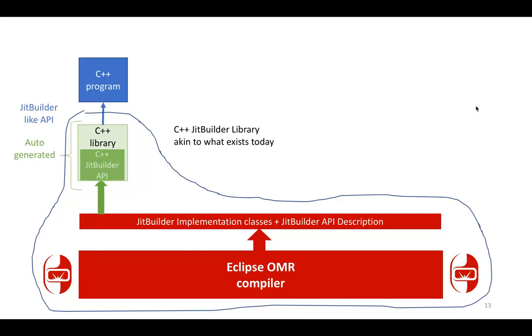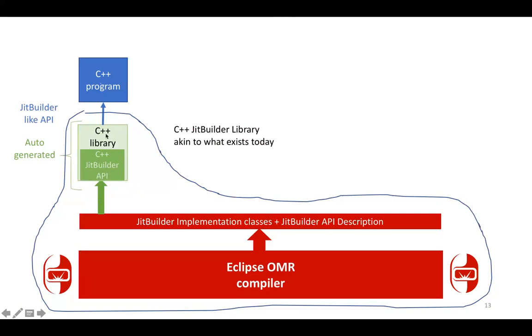And then on the left side over here, we have an auto-generated C++ for now, JitBuilder API. So this is a client API that can be accessed and linked into a C++ library, which can then be used by any kind of C++ program to generate native code.